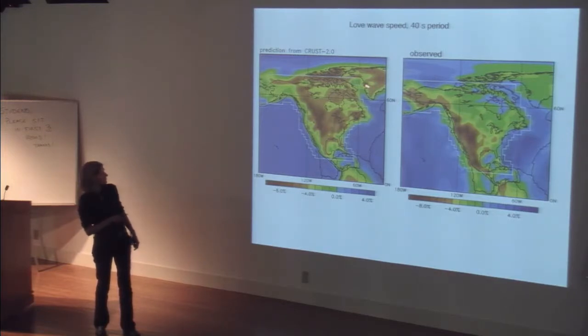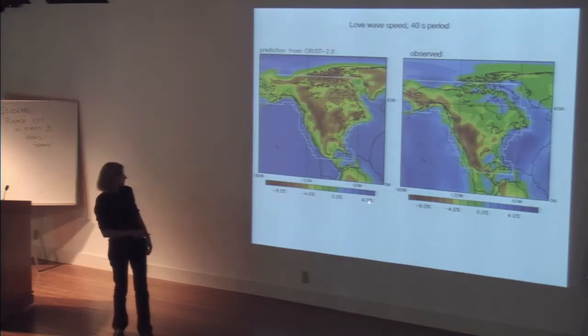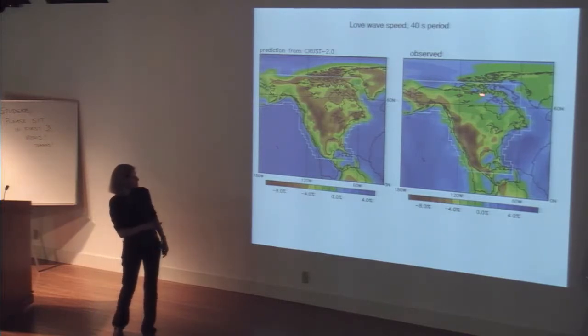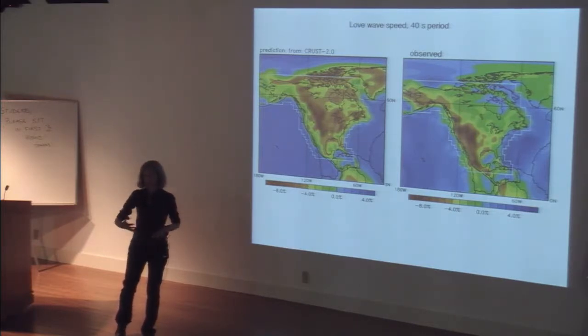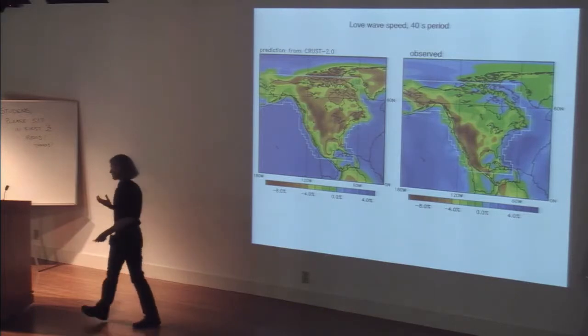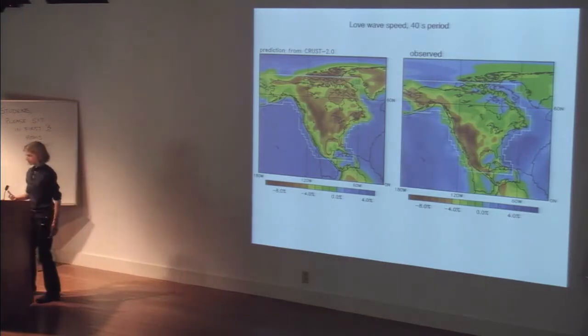By the time we get over here into eastern North America, the crust is still thick, right? So we still have slow velocities compared to our average. The oceans are the fast stuff. But we're actually seeing faster velocities up here where we've still got thick crust. And that's really the effect of the mantle coming through. It's telling us that the crustal model is not explaining the whole data set.